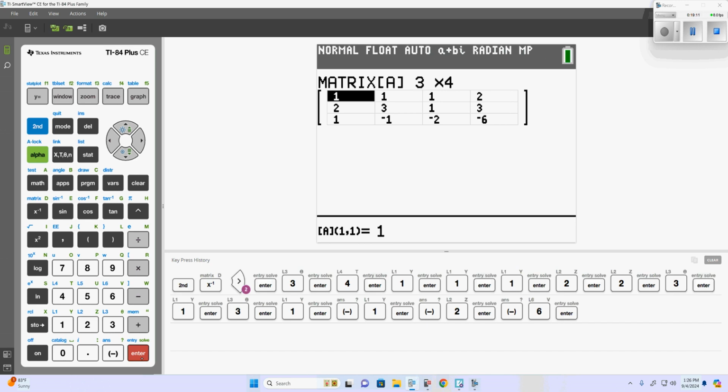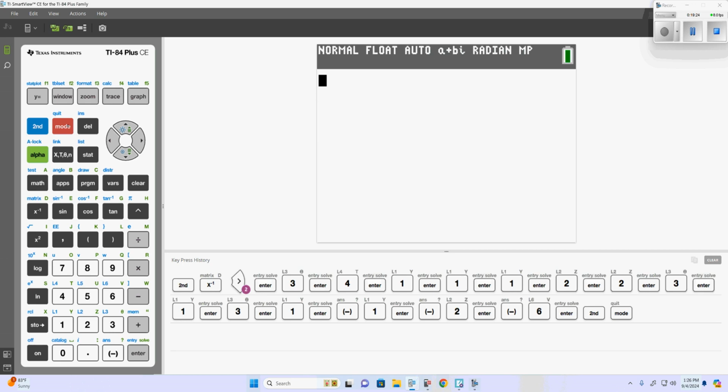Has everybody been able to get it typed in? Yes. Once you finish getting it typed in, second quit or second mode. You should get back to the home screen.